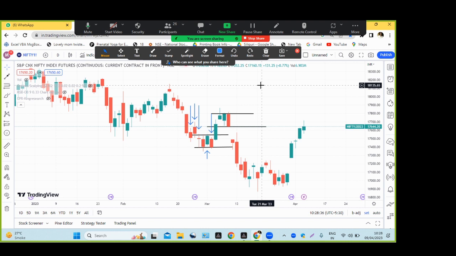Correct. So once the stop loss is hit, if you are a seller and your stop loss level is there, how does that stop loss work? Definitely you will buy. To exit the position, if you are a seller, you will buy. Correct or wrong?